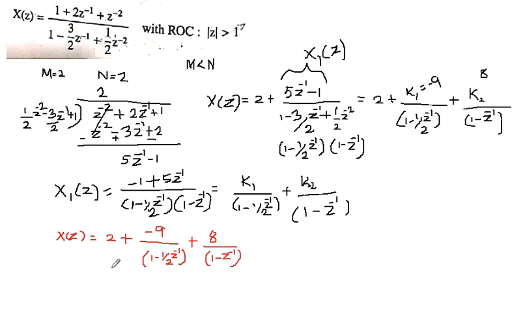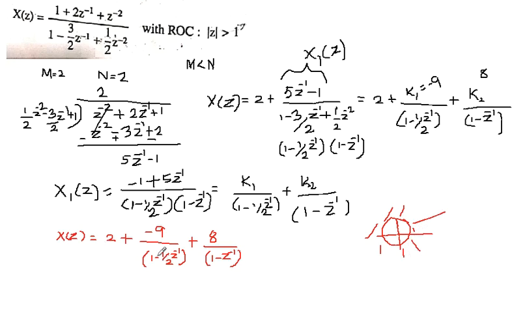So to find the inverse Z transform of this one, we need to know its ROC. So ROC is |z| greater than 1. So |z| greater than 1 means we have the ROC of this problem wherein the ROC lies outside of the circle with radius 1.